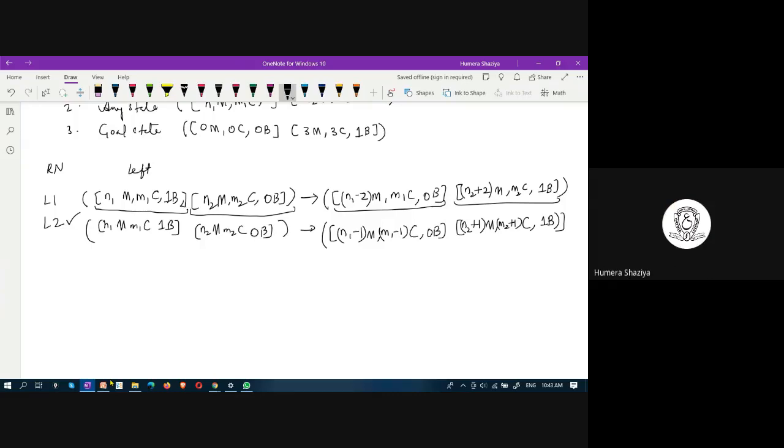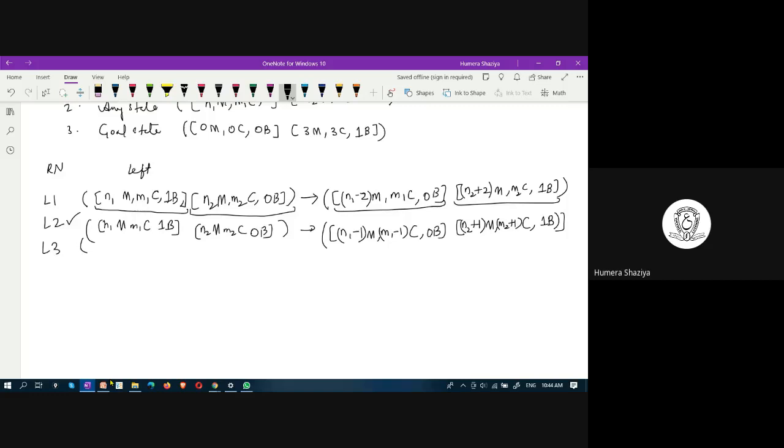In the initial state, in the first state, this can be applied. In the first state, meaning start state, L1 cannot be applied. But there may be a situation where L1 can be applied. You never know. Situation may arise, but from the start state, you should not apply L1.